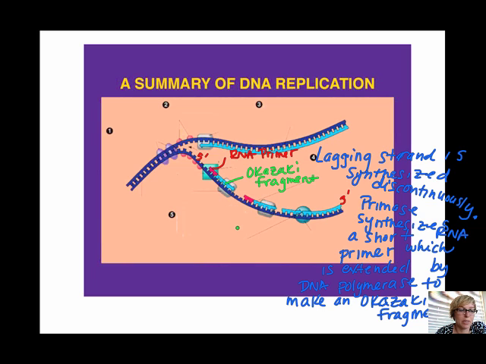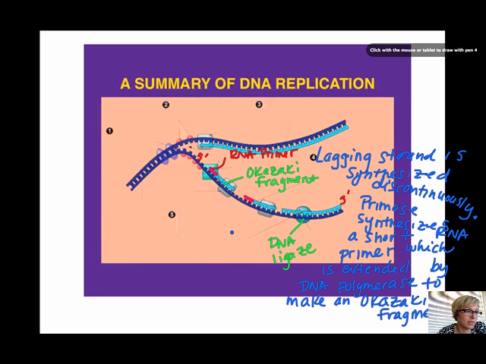But then what happens is this DNA ligase, this is another superstar, I'm going to put this over here, DNA ligase is actually what stitches all these little fragments together, so we get a nice beautiful strand just like the leading strand, and we don't have any of these RNA primers stuck in place.